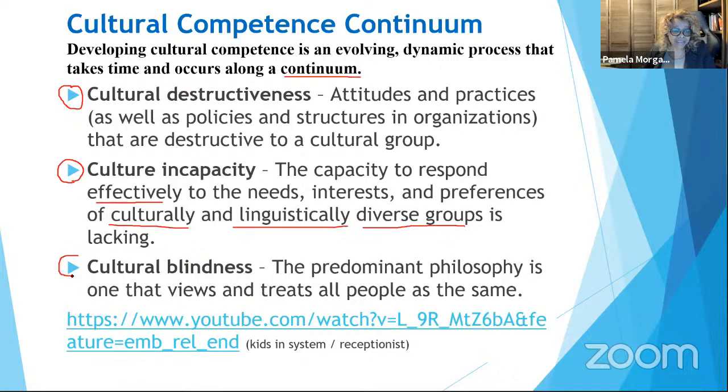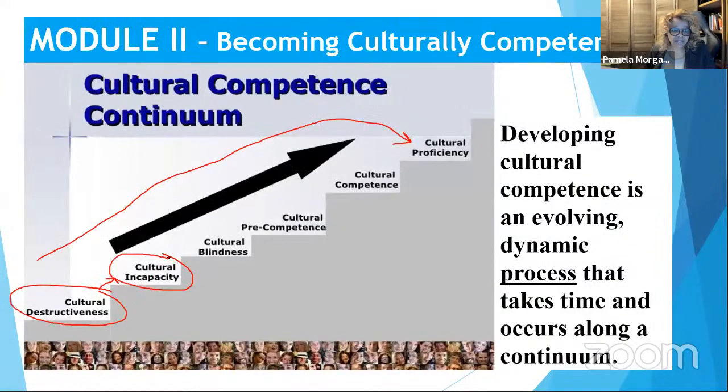Cultural blindness is another place of awareness, and we see that in the next phase, or the next step of the continuum. Cultural blindness is the predominant philosophy, one that views and treats all people the same. And we can easily be caught up in that because we want to be fair.